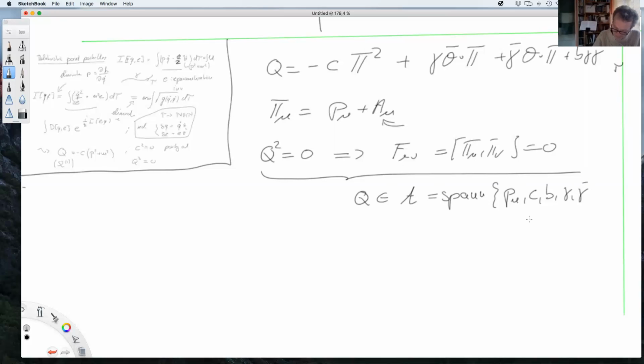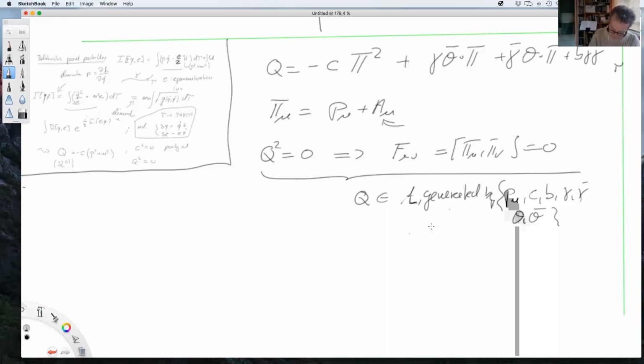Then what else do we have? I should not say span, it should be generated. What else did I have? The theta bar. Did I forget anything? The P.